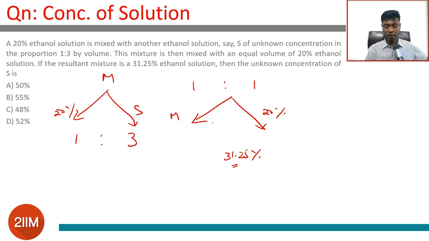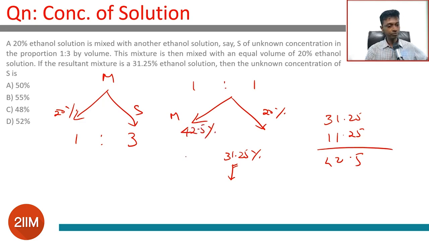A further 11.25 should be the midpoint, because they're mixed in equal ratios. So 20% plus 11.25% is 31.25%. This plus 11.25%, 31.25 plus 11.25, this is 0.5, or mixture should be 42.5%.